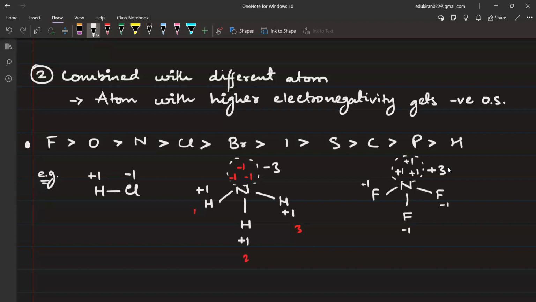Similarly, let us look at the oxidation state of H2O. In H2O, hydrogen is attached with oxygen, and this hydrogen is also attached with oxygen. So can you tell me what will be the oxidation state of hydrogen?